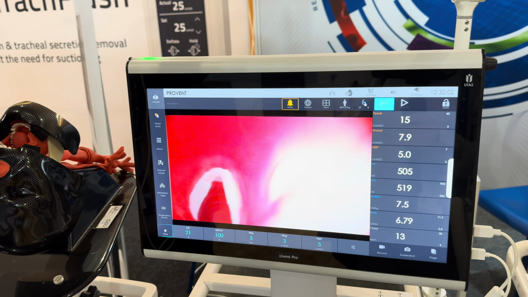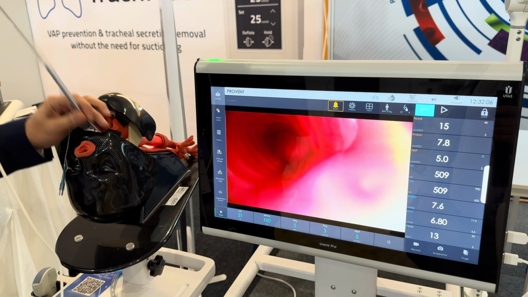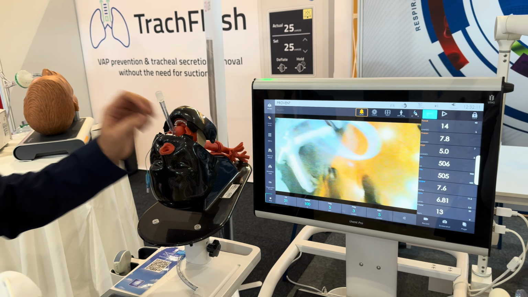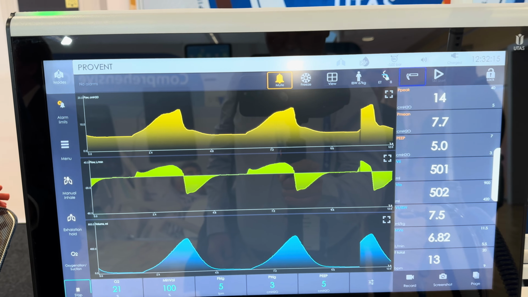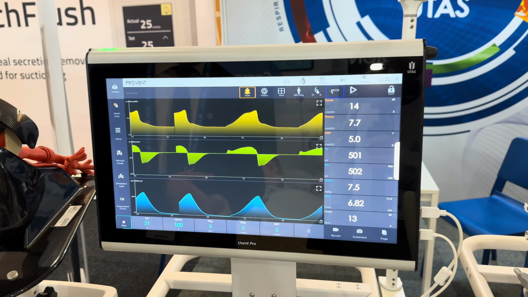Here I'm inserting a tube, making the intubation smooth and easy in the shortest time for difficult airways, using the interface providing the ventilation support.